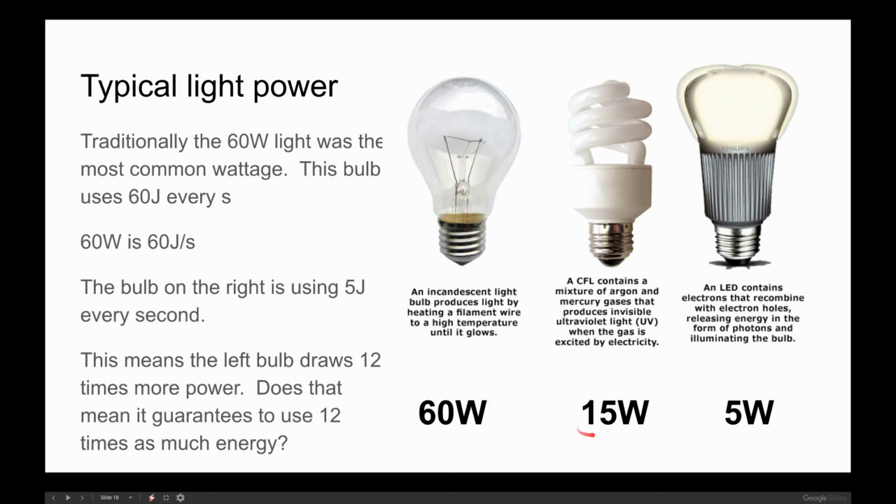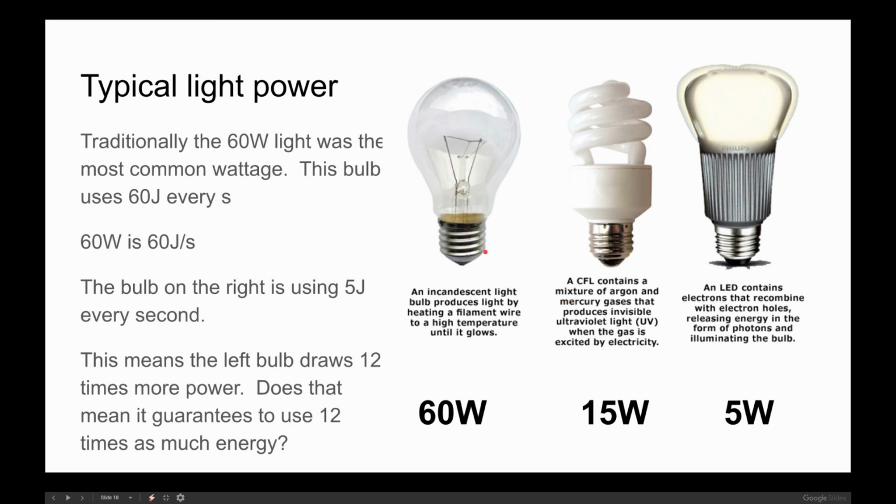This one uses 15 joules a second. This one uses 5 joules per second. The difference is each of these going down makes less heat. And I have a video online using my little FLIR infrared camera. You can see the bulbs lit up under infrared if you go looking in grade 10 under optics.